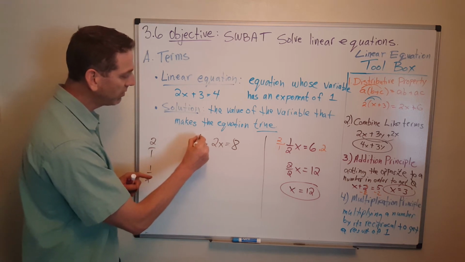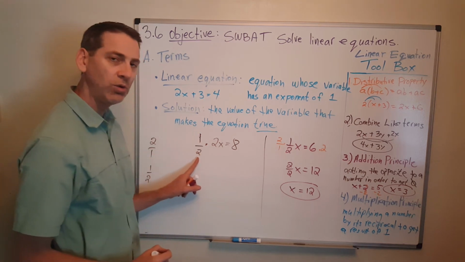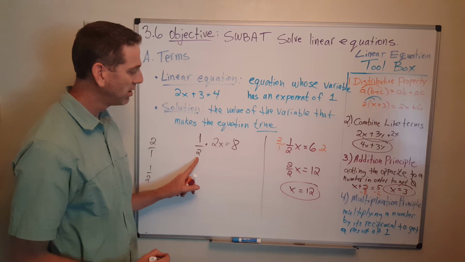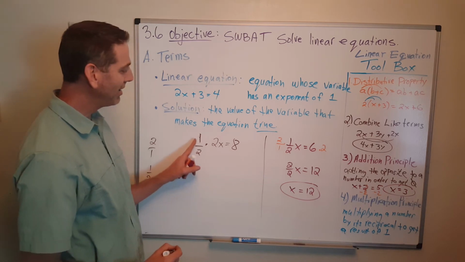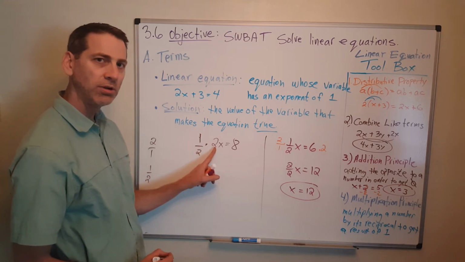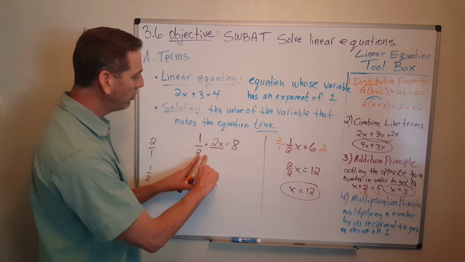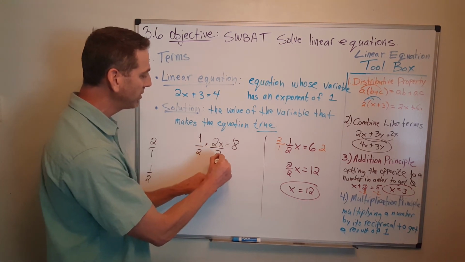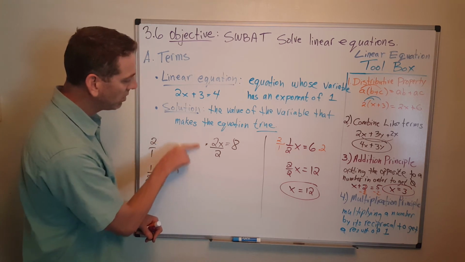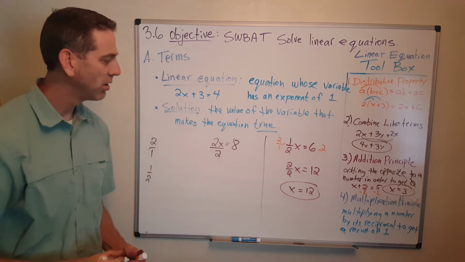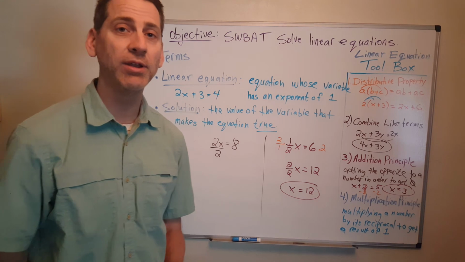But I want you to notice something. Notice that this 2 is in the denominator, and 1 times 2 is just 2. So if I just pull this 2 over into this denominator, essentially, what did I do? I simply divided by 2.